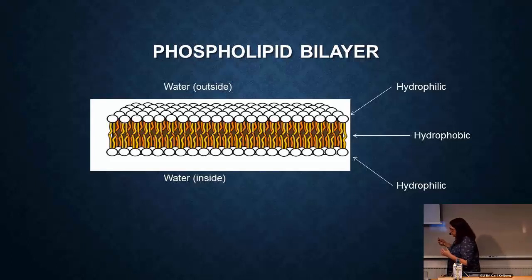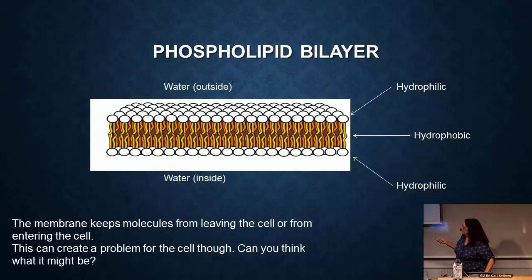What this does is creates an envelope for the bacteria that makes it relatively impermeable to things going through it. It's what gives it its identity, so to speak, because it separates it from the outside world.